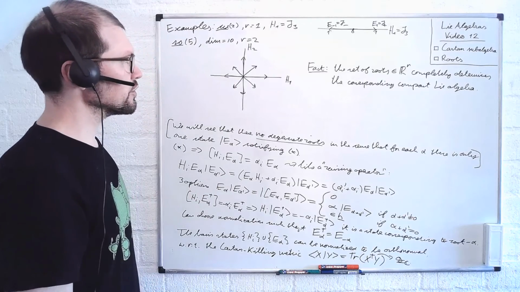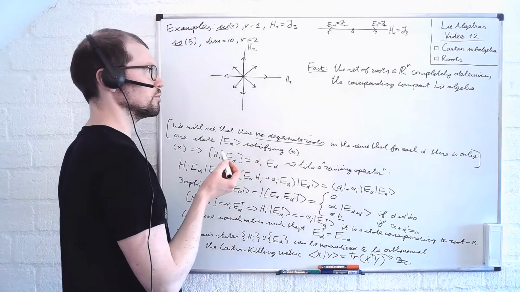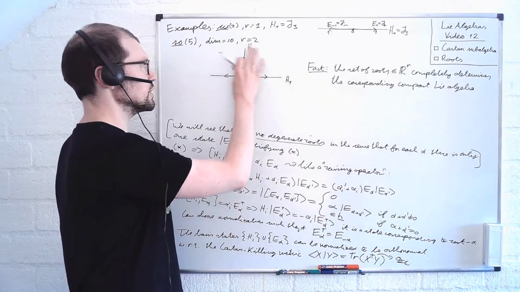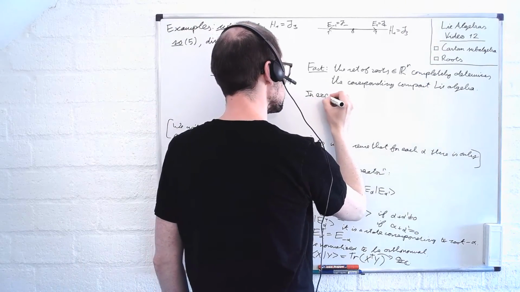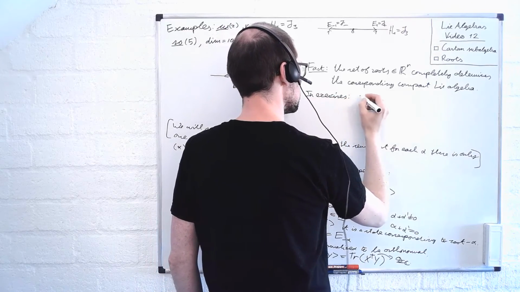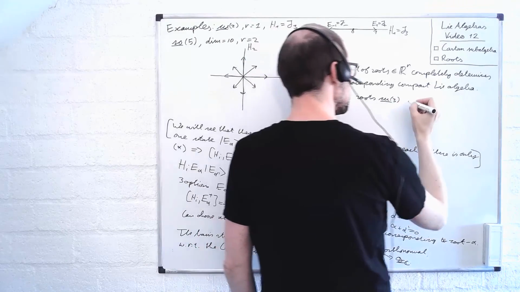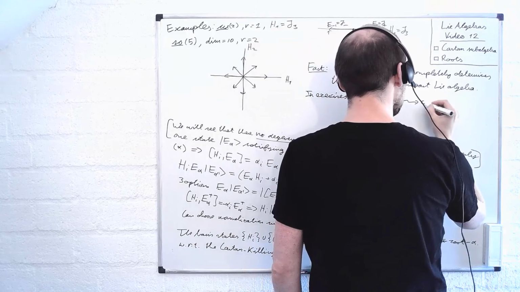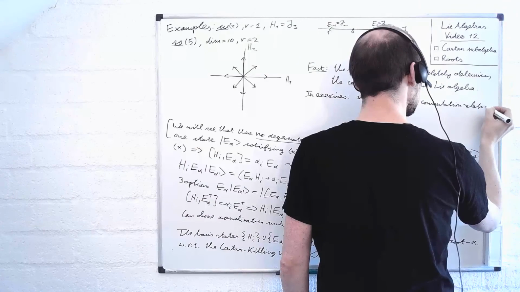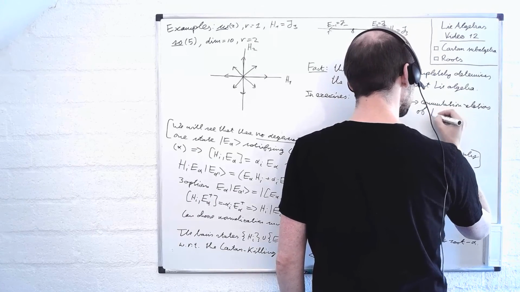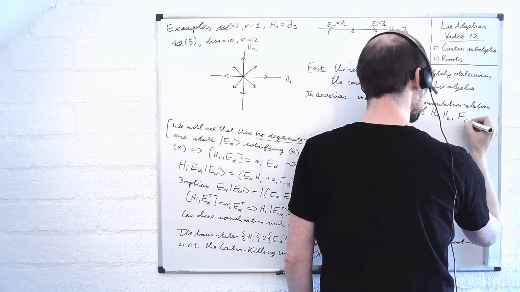And actually in the exercises you'll do this pretty much completely. I give you the roots of SU(3), and you're going to work out the commutation relations of the corresponding generators. So there will be 2 Cartan generators and the root states.